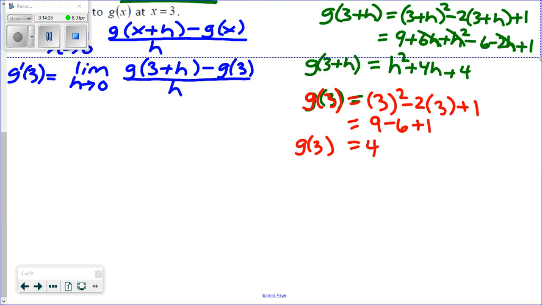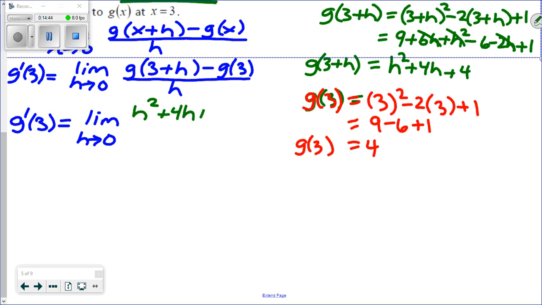Okay, so now we can plug these into our definition of the derivative. So now we have g prime of 3 equals the limit as h approaches 0 of h squared plus 4h plus 4, because that's what we found for g of 3 plus h, minus g of 3, which equals 4.